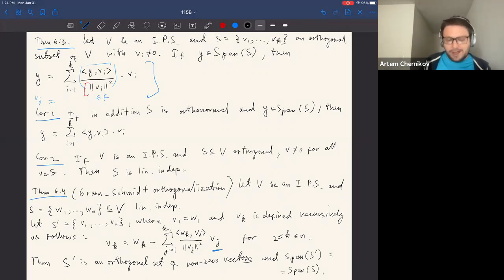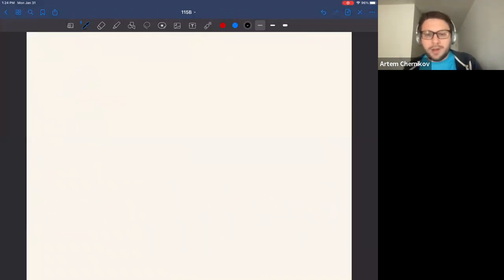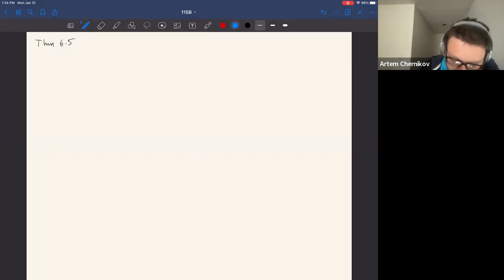Okay, so now using this theorem, as you remember, we can obtain some nice results. In particular, we can find orthonormal bases. So that was kind of the main motivation for this theorem, theorem 6.5. So assume V is a non-trivial vector space, moreover with an inner product.